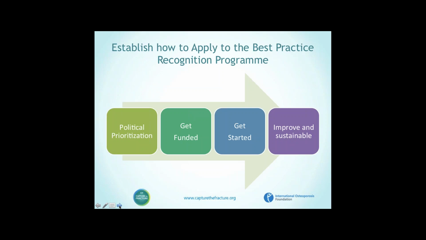Once funded, the key is to get started and use the tools available to learn from the mistakes of others so you get the best start possible for your FLS. The final stage is probably the most important. This is continual improvement of your FLS so it becomes self-sustaining and is not vulnerable to defunding.